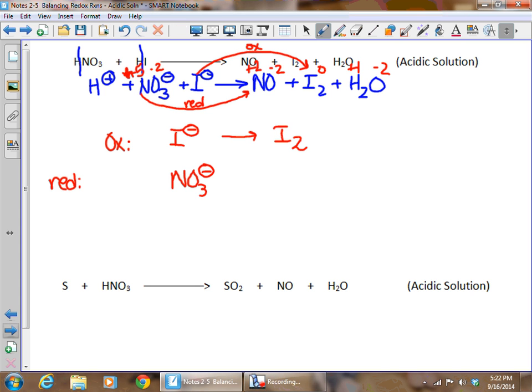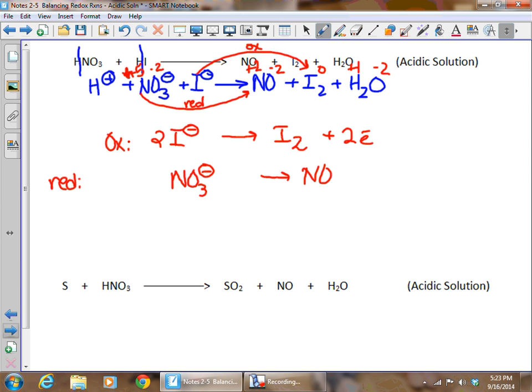NO3 minus is reacting to form NO. Remember, we've got to balance these by mass and then by charge. So 2 iodides here, which is going to result in a 2 electron change, since we've got that -1 to 0 change happening twice. So that's a 2 electron change.